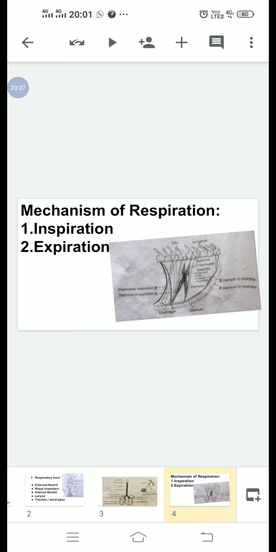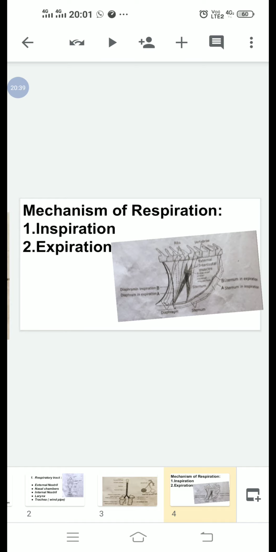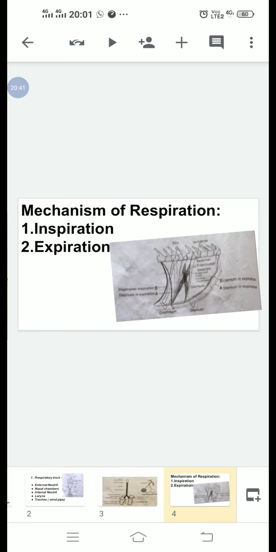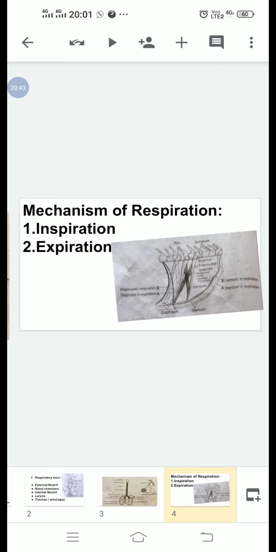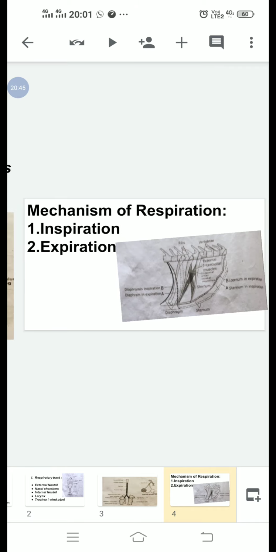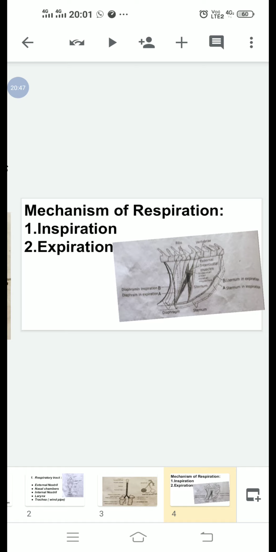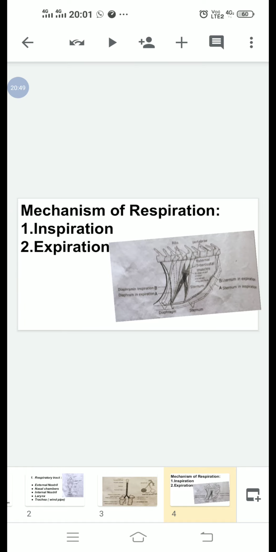Next, expiration. It is a passive process. Release of alveolar air to the exterior is called expiration.